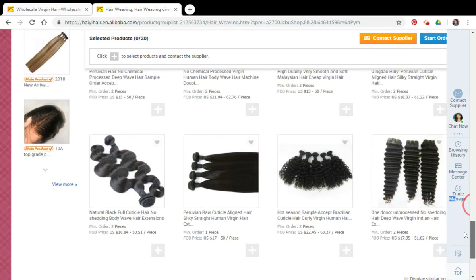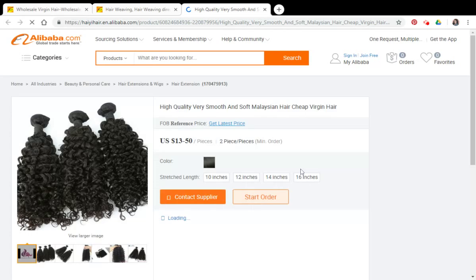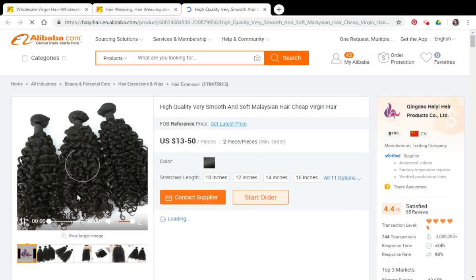If we had random bundles and different ties and different things, that would be a concern. Let's click on this. See, this is like a curlier texture. Again, the title really isn't telling us what the hair is in the photo.